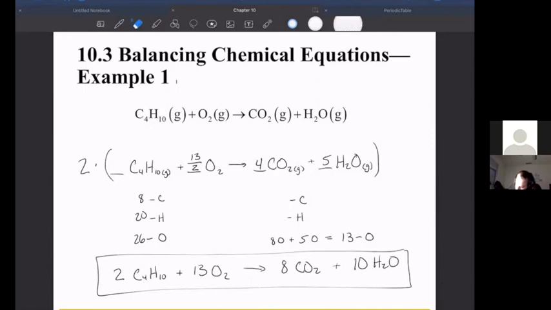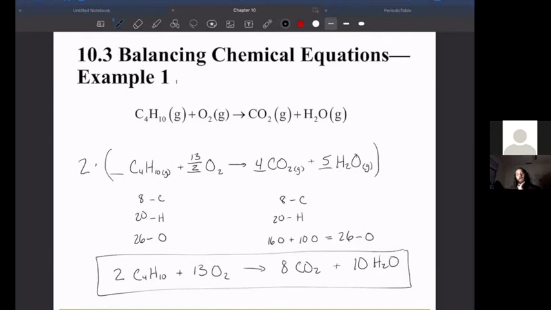Same thing over here. Everything got multiplied by 2. Now this is 16 oxygens plus 10 oxygens would give me my total of 26.